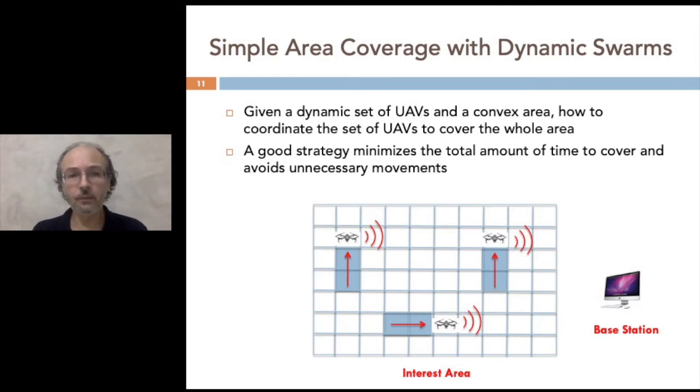What do we mean by cover the whole area? They must visit, or they must sense each of the cells of the grid. That is, all of the cells of the grid must be visited by at least one UAV at least once.